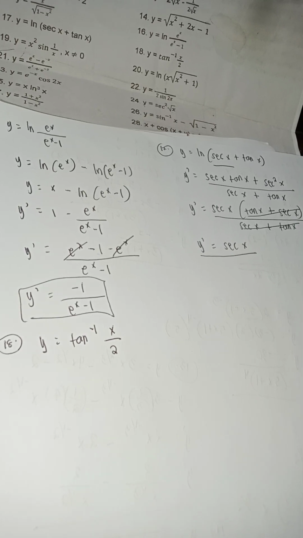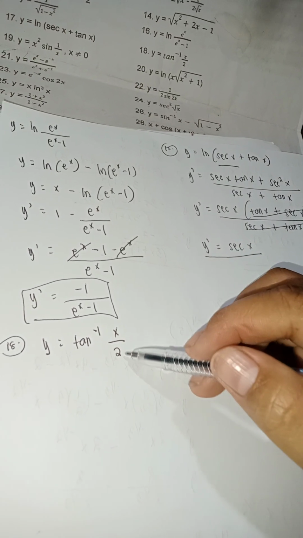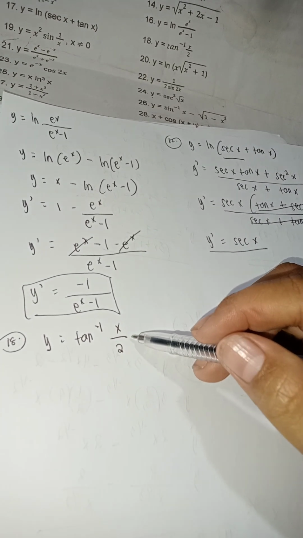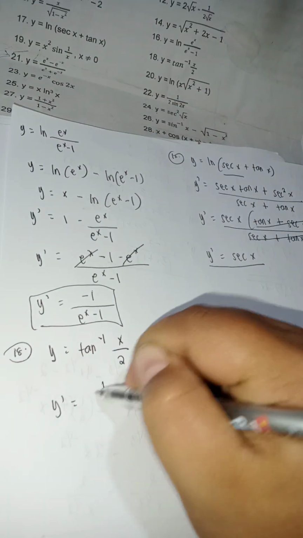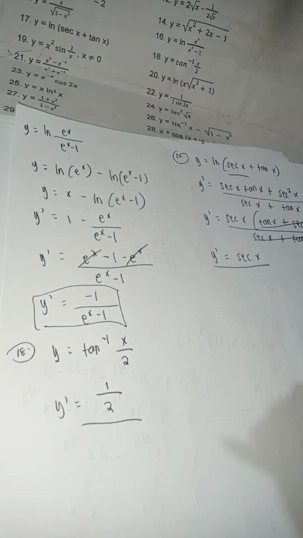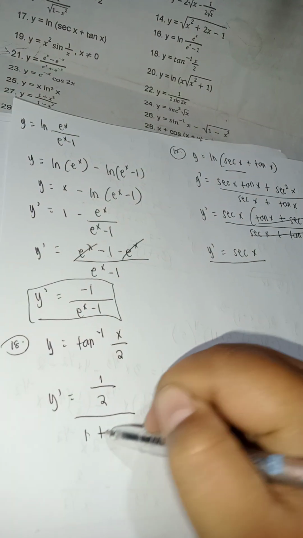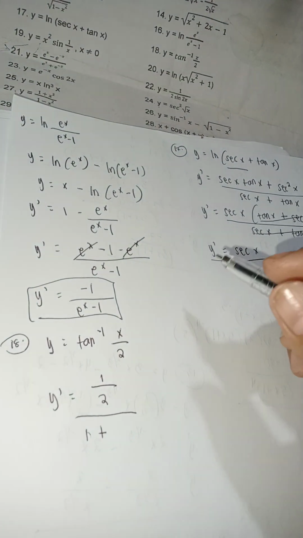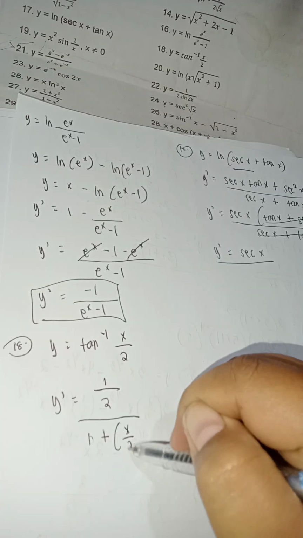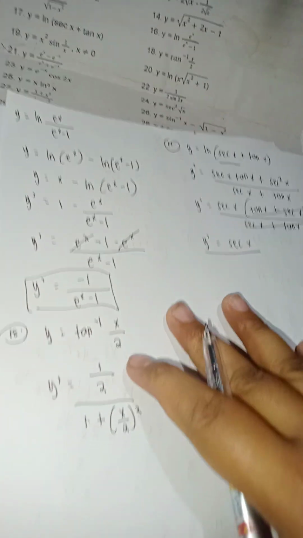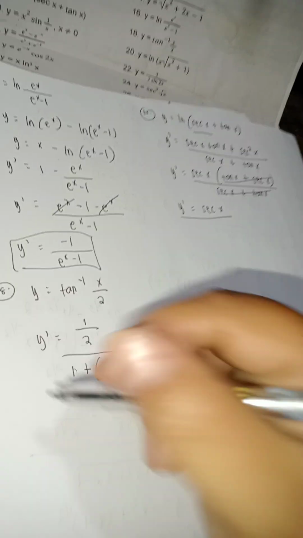So our u is x over 2 and the derivative of x over 2 is 1 half. So y prime is equal to 1 half over 1 plus u squared, so x over 2 squared. So simplify it.